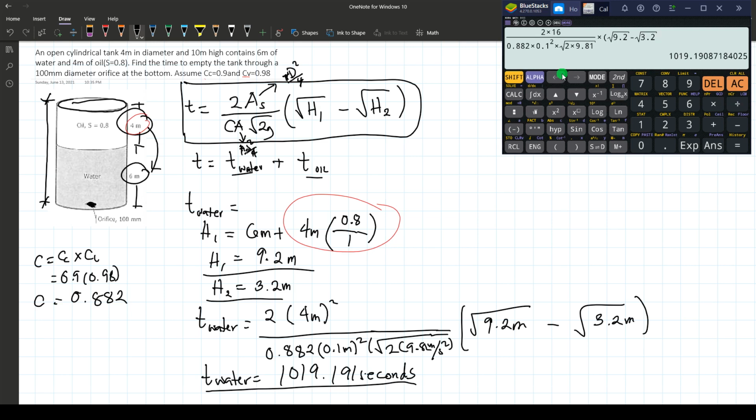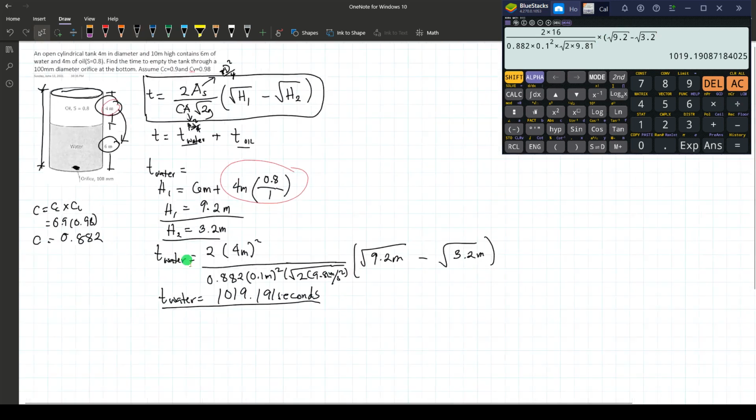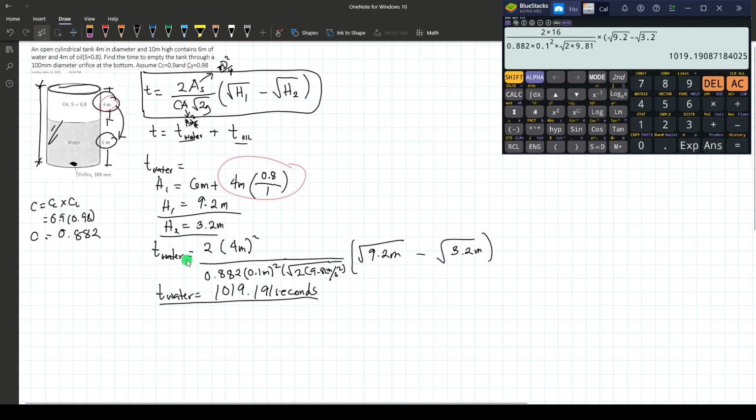So, after the water is spilled out of this container, the remaining liquid is the oil. So we will use again this solution. Okay, T equals AS over CA square root of 2G times the square root of H1 minus H2.